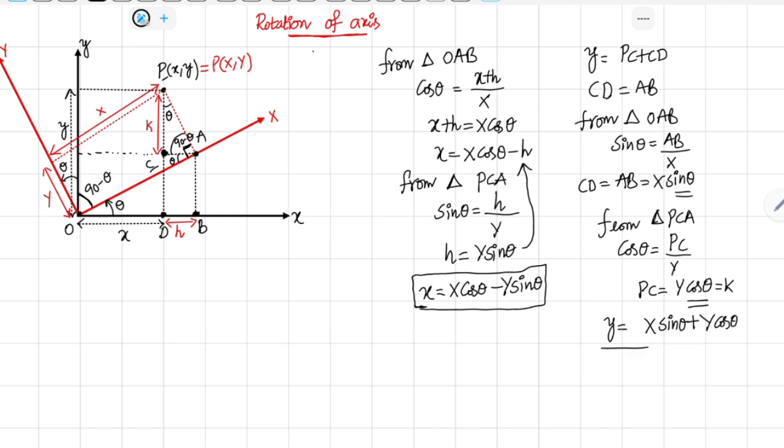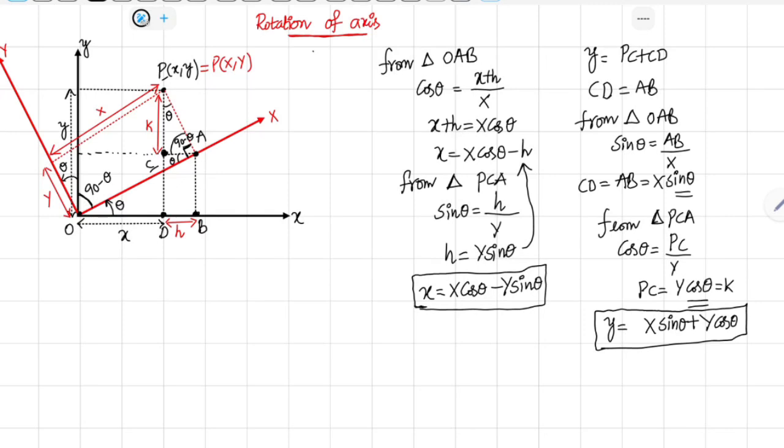Okay, so this is the equation which helps us to find the y coordinate of the old system, if you know the XY coordinates of the new system and the angle by which the coordinate system is rotated.